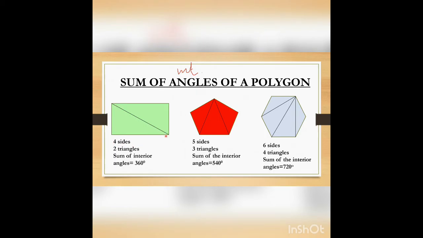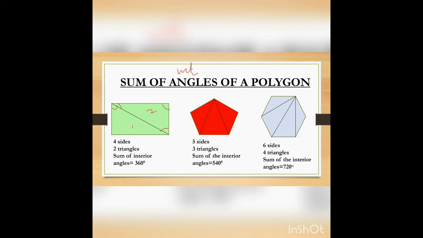By diagonal, you know, it is a line segment joining the opposite vertices. When a diagonal is drawn, it has divided the quadrilateral into two triangles, and sum of angles of each triangle is 180 degree. Therefore, the sum of interior angles of this polygon is 360 degree.